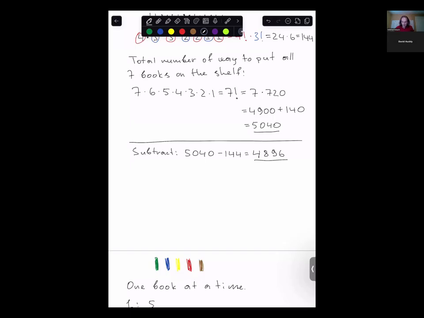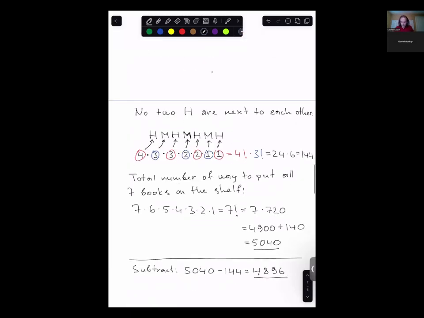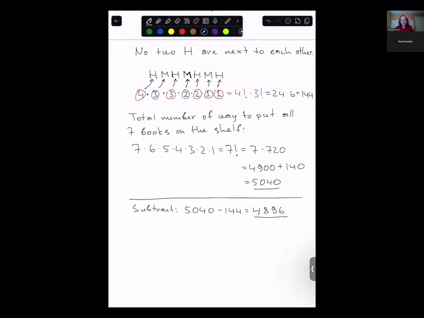So basically, the idea of the subtraction principle is that sometimes it's easier to compute the complement, the bad ones. So if you have some kind of condition on the arrangements that we want to count, sometimes it's easier to count the number of bad arrangements, arrangements that are forbidden, and then you just take the total number and subtract the bad ones.